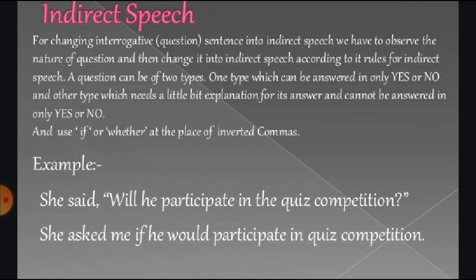She said, "Will he participate in the quiz competition?" This is the sentence written in question form. Here you can see the question starts with will, which is one of the modal verbs, one of the auxiliary verbs. It means this question is a yes-no question.